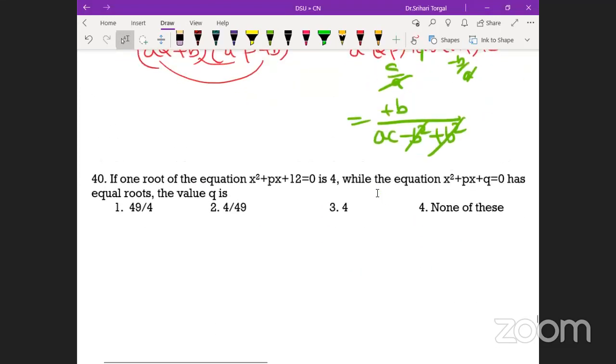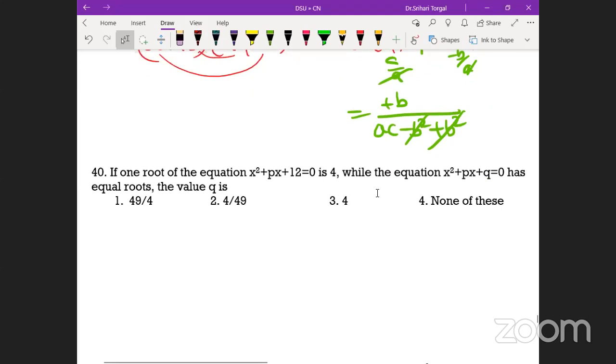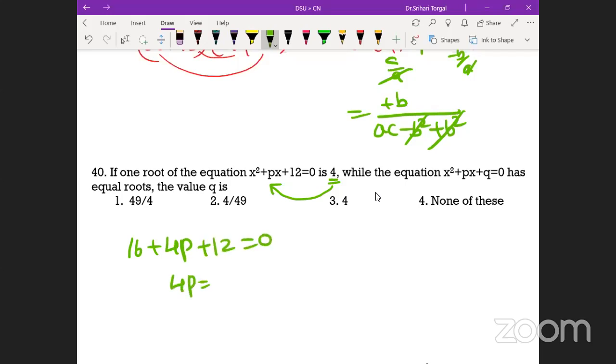Question number 40. If one root of the equation x square plus px plus 12 is equal to 0 is 4. One root is 4. What is the meaning of root? If you take this 4 and substitute in this equation, that has to be balanced. If I put 4 here, 4 square is 16 plus 4p plus 12 equal to 0. 4p is equal to minus 28.